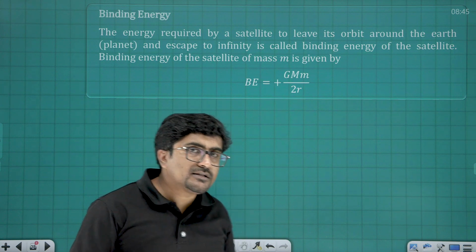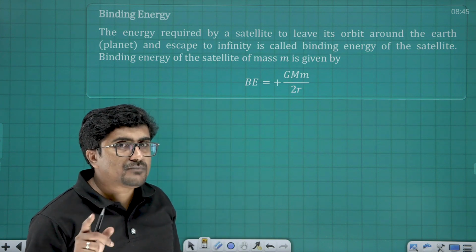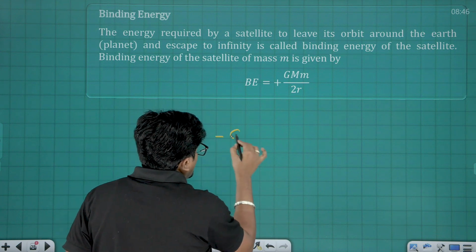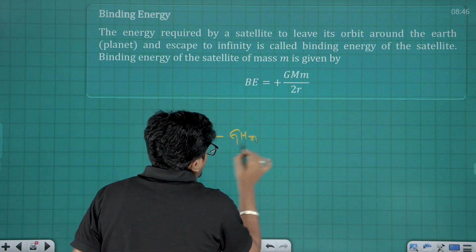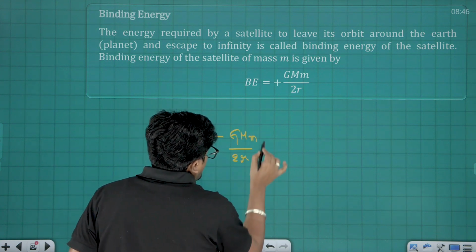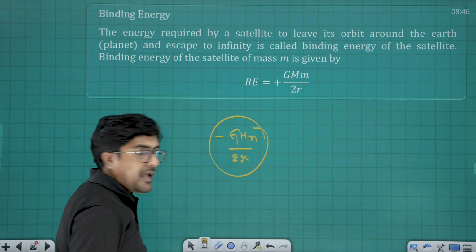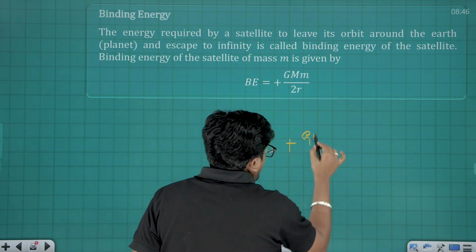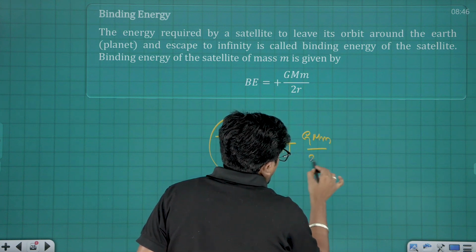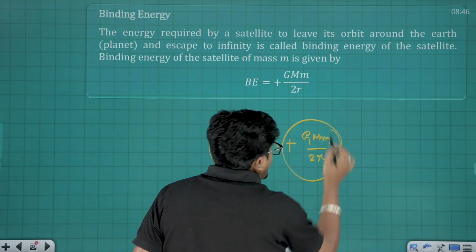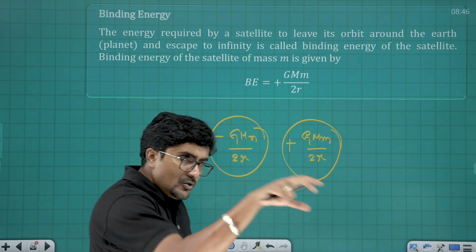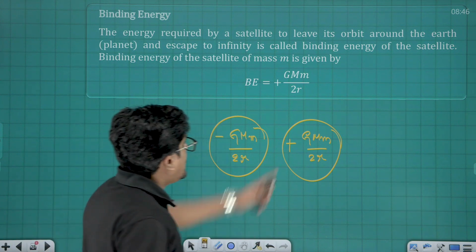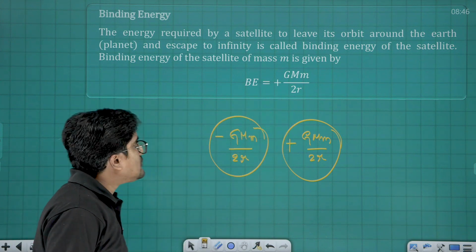And what was the total energy? At a distance of small r, the total energy was minus G M m upon 2r. So we need to add plus G M m upon 2r. This is the energy that we need to provide to take that particular satellite out of the gravitational pull. Exactly, you can see the same.